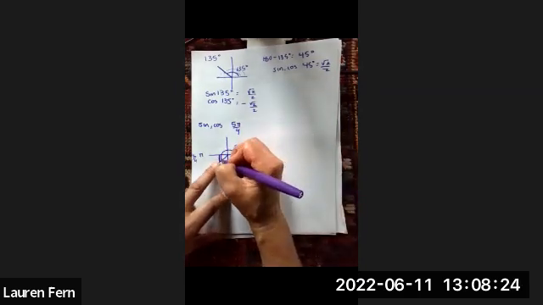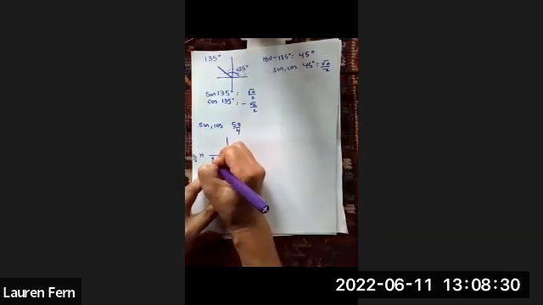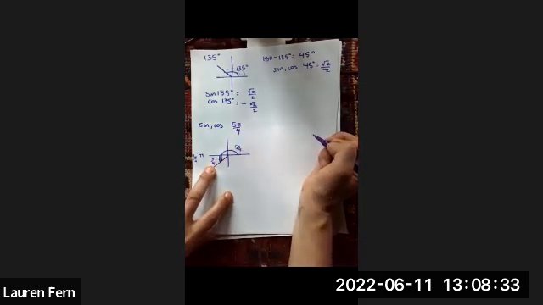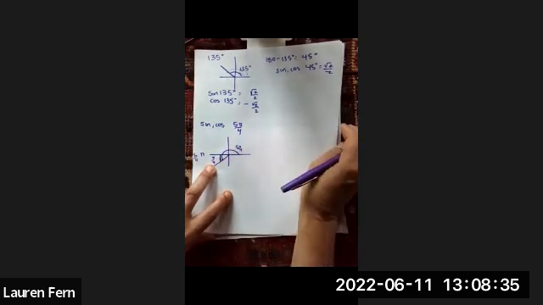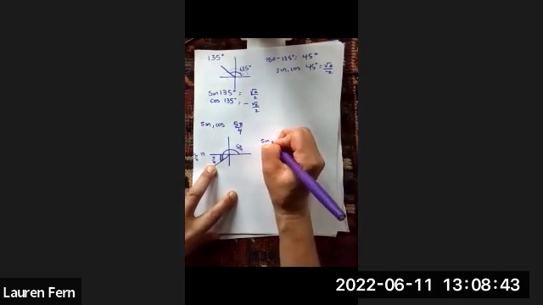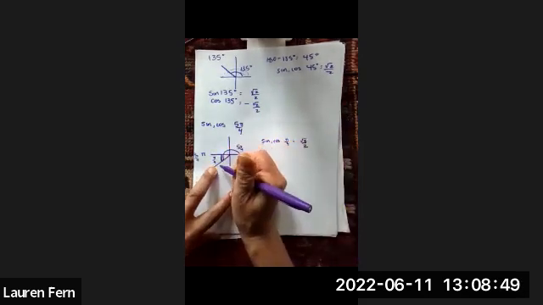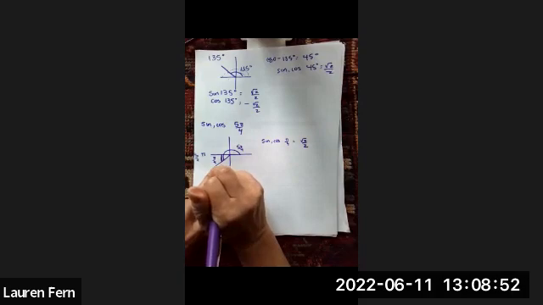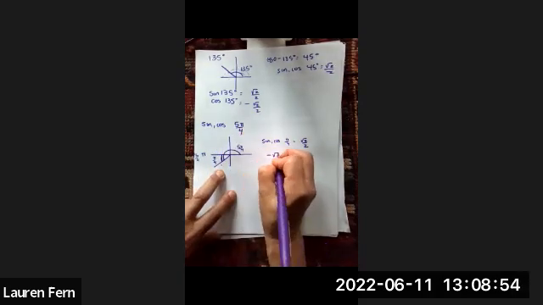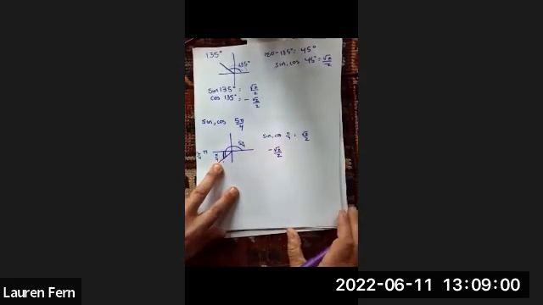Well, if this whole thing is 5π/4 and we want to subtract off this, I claim that my reference angle then is π/4. You're going to learn pretty quickly π/4 is the same as 45 degrees. And we know that the sine and cosine of π/4 is √2/2. Notice we're in our third quadrant. So for both of these, we're going to get negative √2/2 because both the sine and the cosine are negative in your third quadrant.